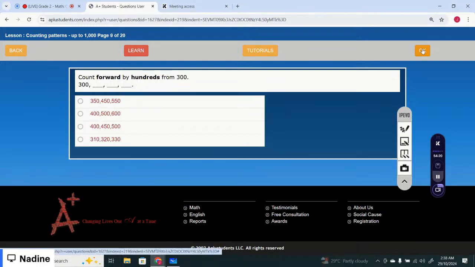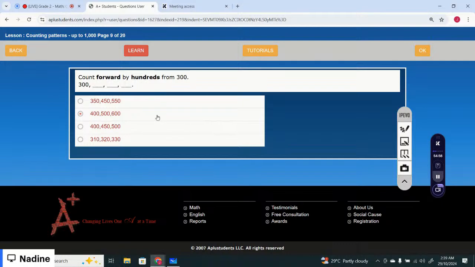Count forward by hundreds from 300. The correct option is 400, 500, and 600.